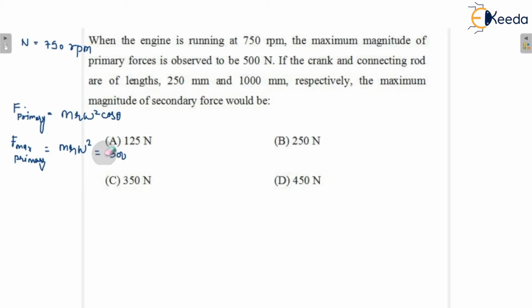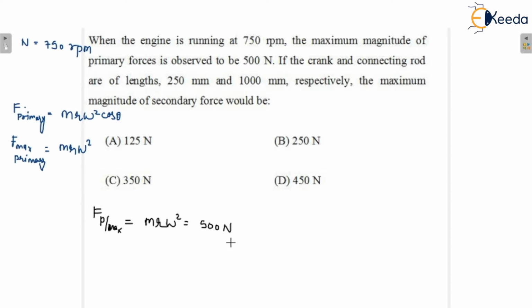I'm just writing here that F primary maximum is given, that is mr omega square, equal to 500 newton, okay.